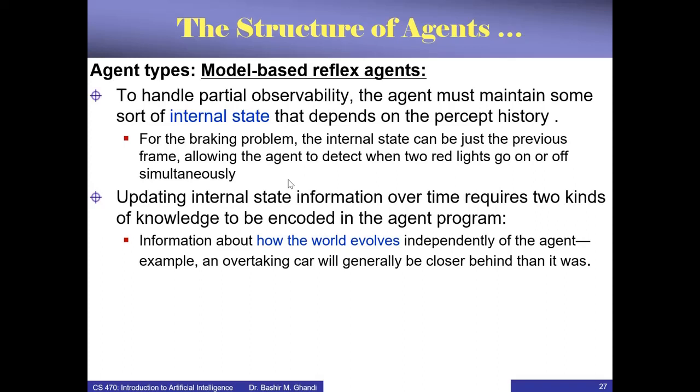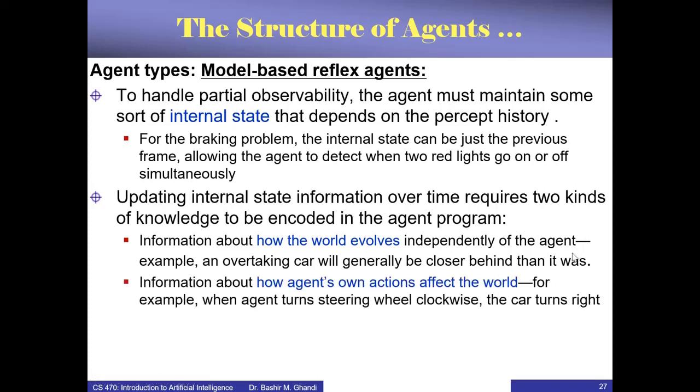So if you have a state that tells you how far that car was some moments ago, and now the present percept is showing you how far it is, obviously very close to you, then you know that it is trying to overtake. This is the idea. So one set of information that needs to be kept is that about how the world evolves, independent of the agent itself.